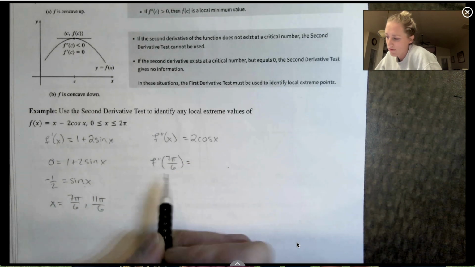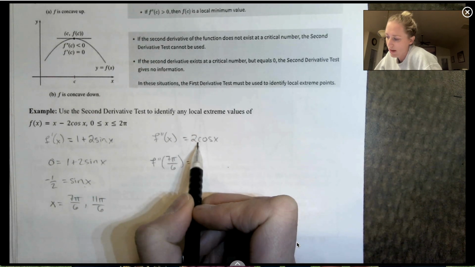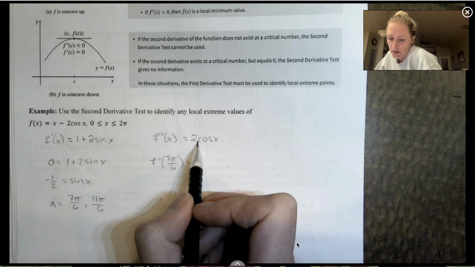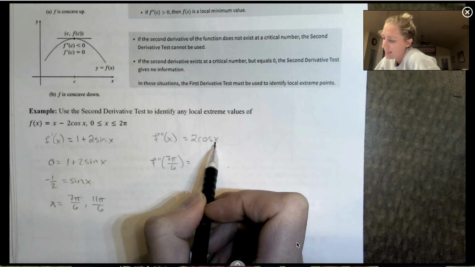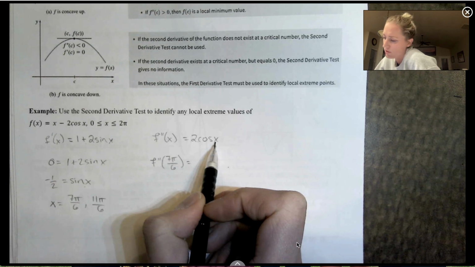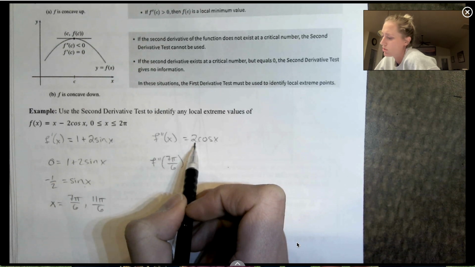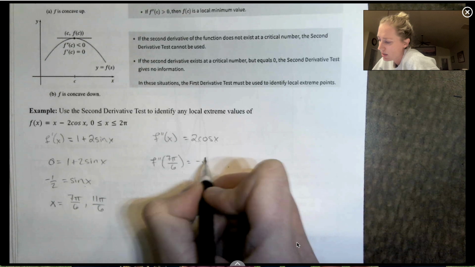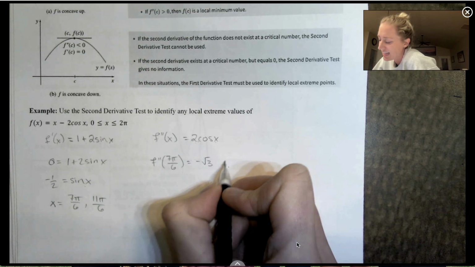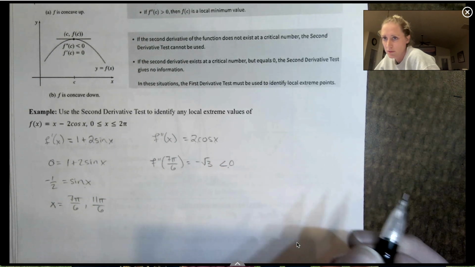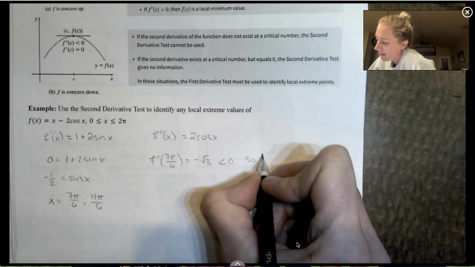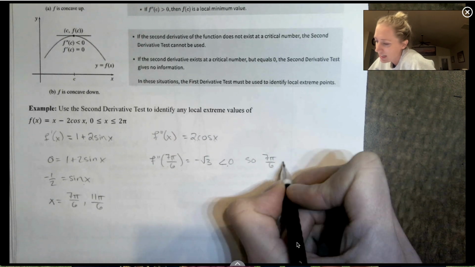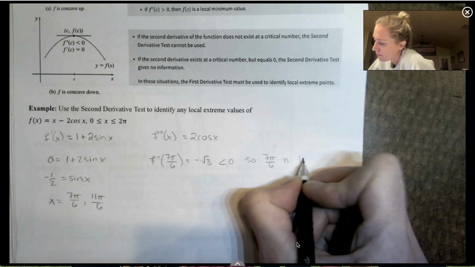If I put in cosine of 7 pi over 6, I get negative root 3 over 2 times 2, which is going to be negative root 3. But regardless, that's less than 0. It's negative. Really, all I care about is the positive versus negative. So 7 pi over 6 is a local min.